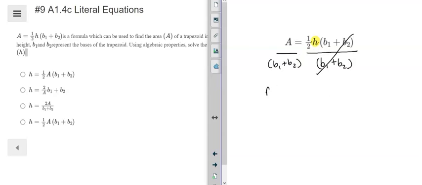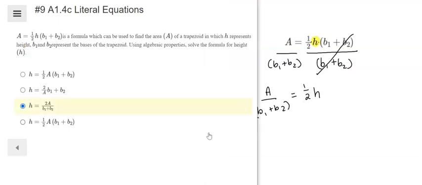So what do I have here? I have a over b1 plus b2. You can leave the parentheses if you want, and then bring down everything else. I'm still looking for this h, so I need to get rid of the 1/2. Looking ahead, I can see that maybe it's this answer choice right here.